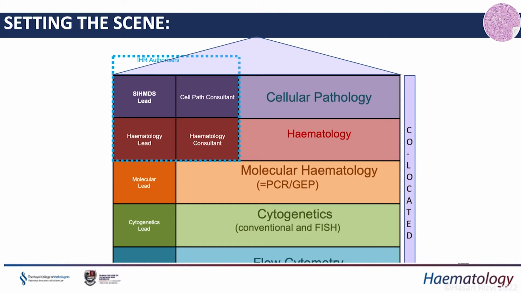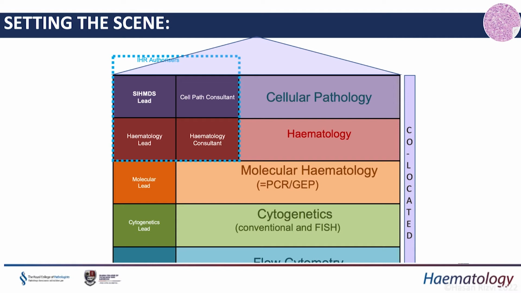The reporting of hematological malignancies as well as non-malignant heme has now become an integrated process where multiple different modalities like hematology and cellular pathology will comment on the morphological or cellular findings.